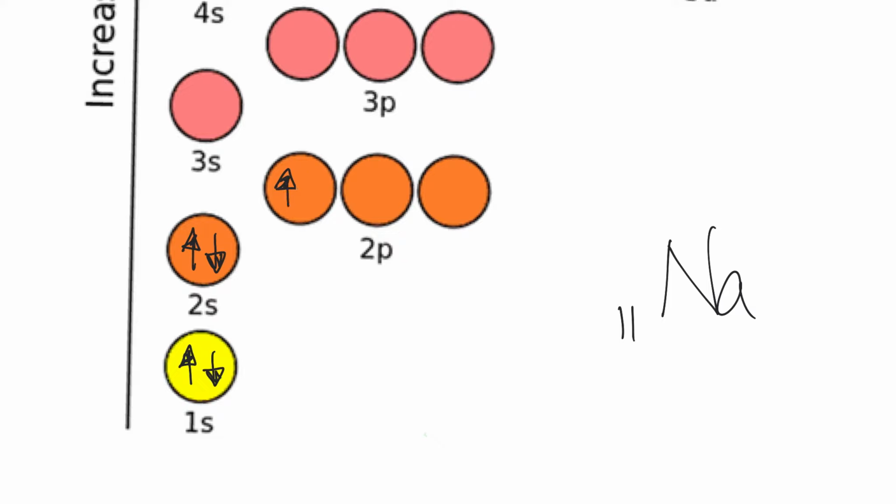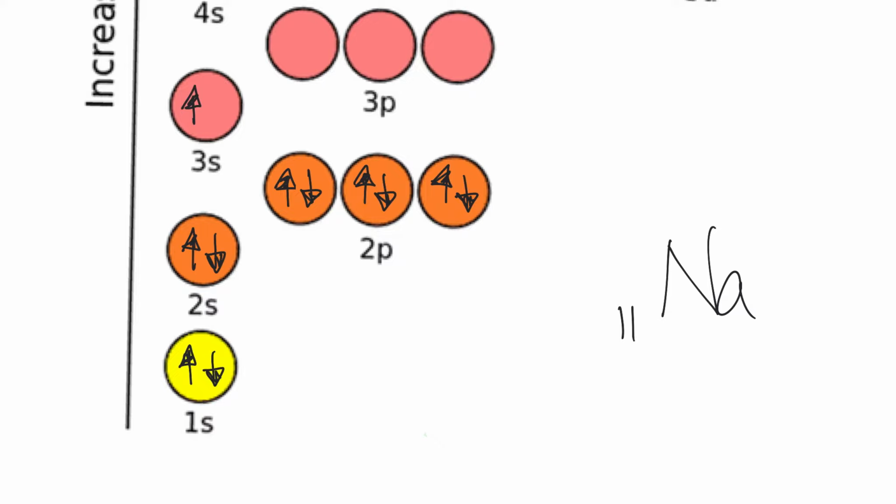That's against the rules. Remember, we have to separate them out first. 6, 7, 8, 9, 10. Even though it doesn't really make a difference at the end of the day, let's always draw these. And then we have 11. So here are 11 electrons.